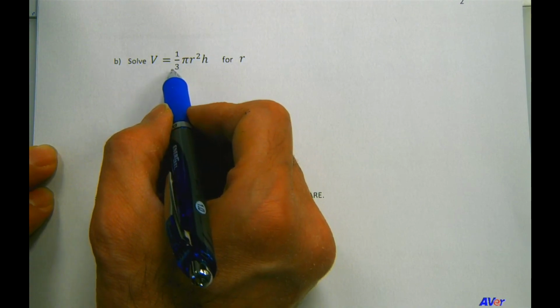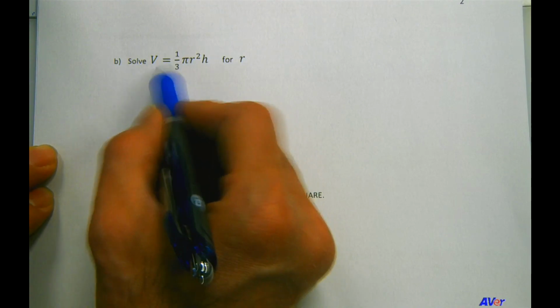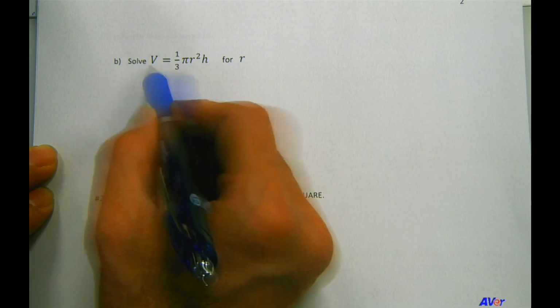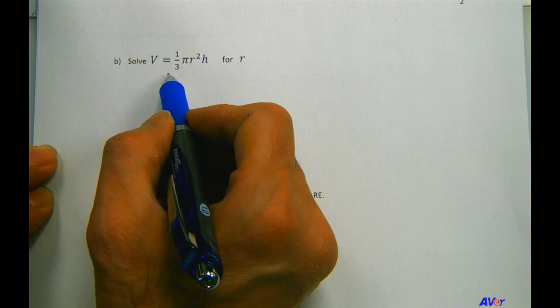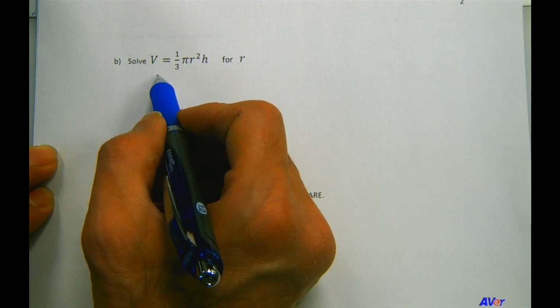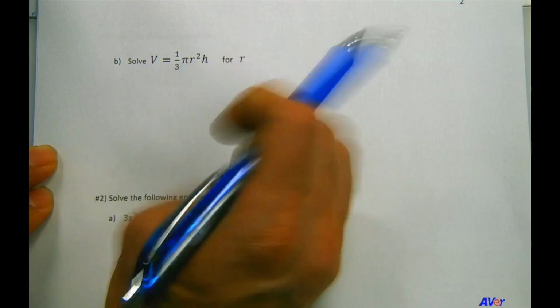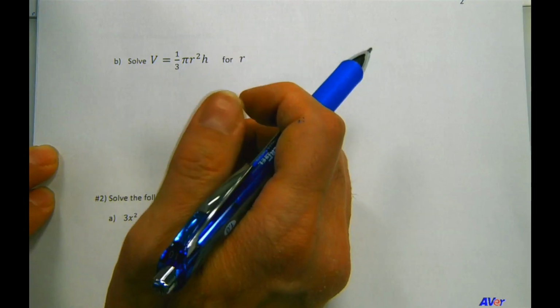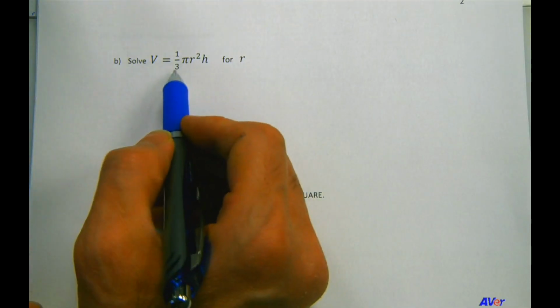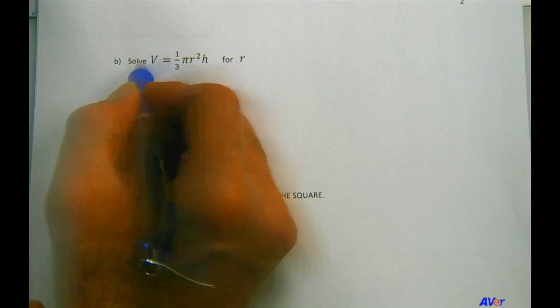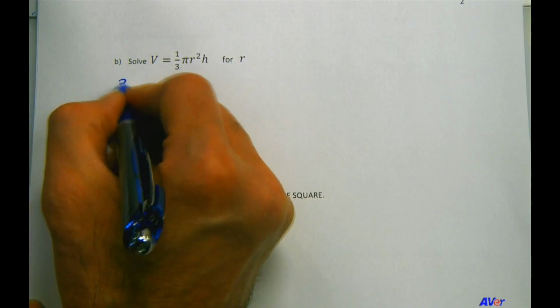No one likes fractions because they complicate things. So let's get rid of the fraction by multiplying both sides by a single term or value. What would that be? How can we get rid of 1/3 on the right? Well, we have to multiply both sides of the equation by 3.